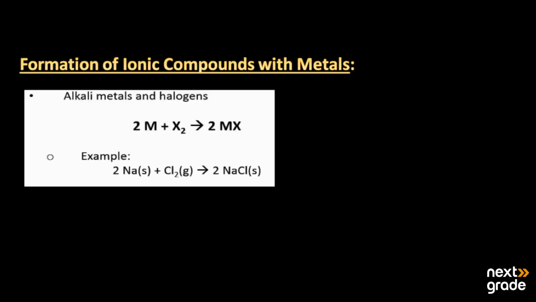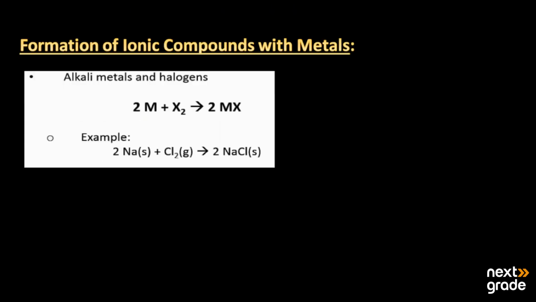Now here we have the formation of simple ionic compounds with metals. When metals react with the halogens, here X2 shows the halogens. After the formation of these compounds, there is a metal-halogen bond, which is basically the formation of salt. An example is sodium chloride formation by the reaction of sodium and chlorine.